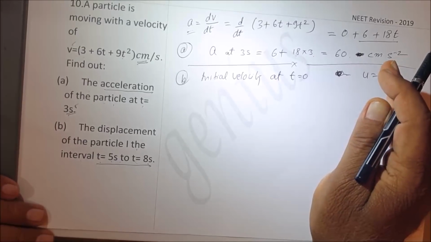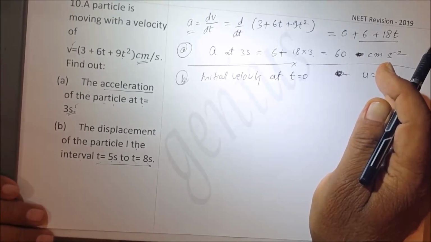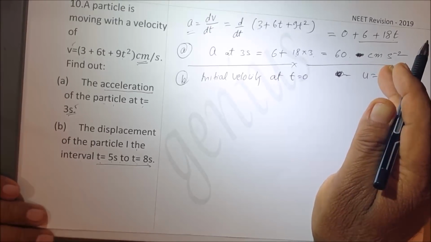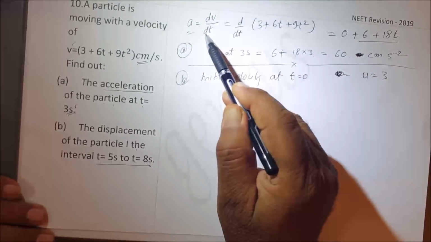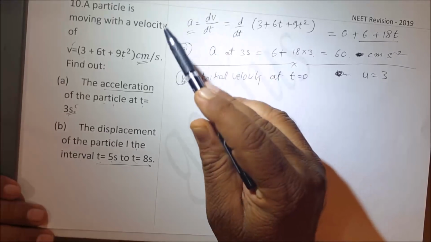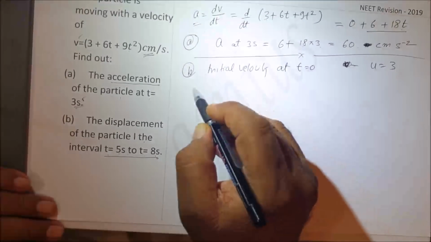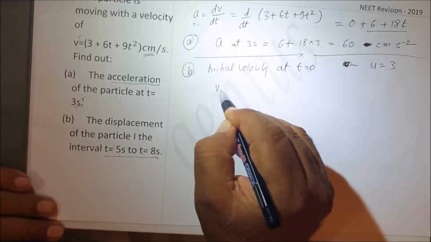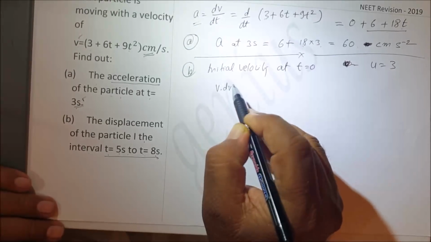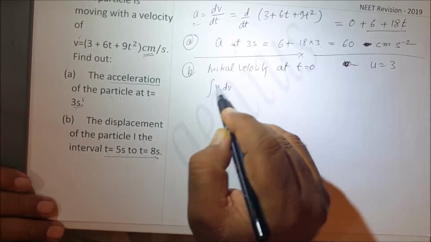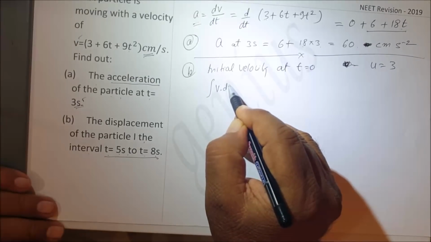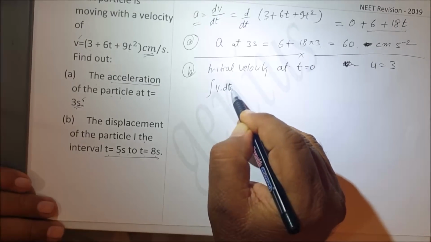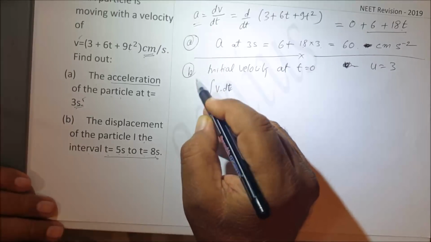We should go for the expression of displacement. How do we convert the expression of velocity to the expression of displacement? The answer is, v into dt, if we integrate it.